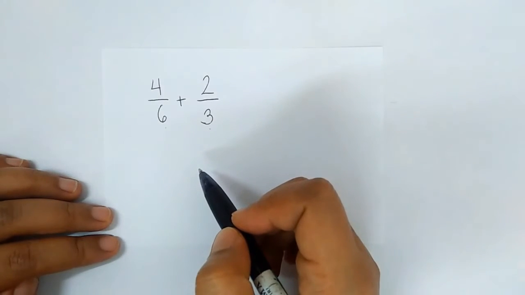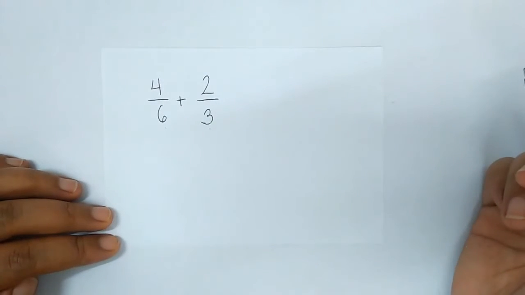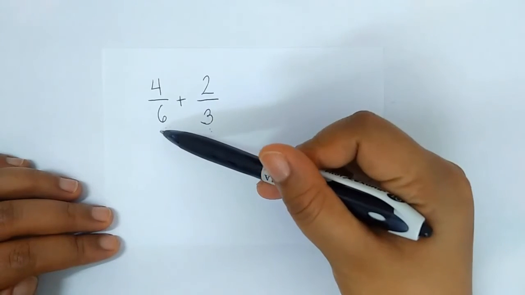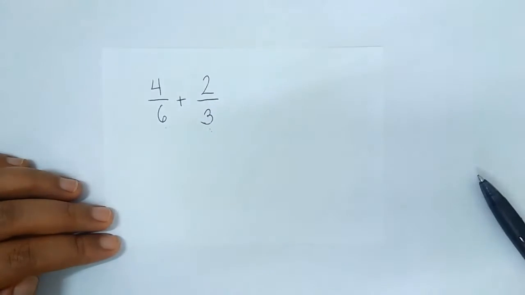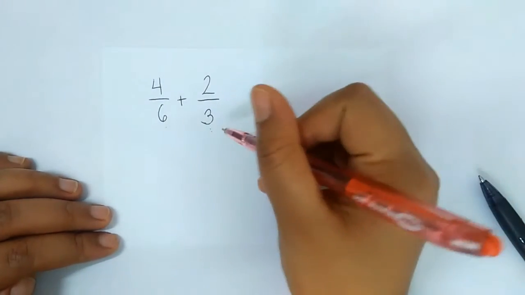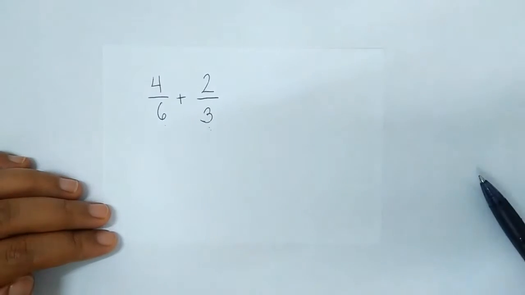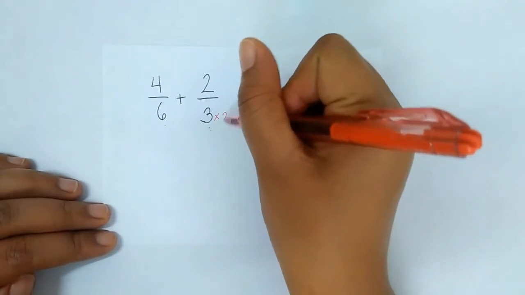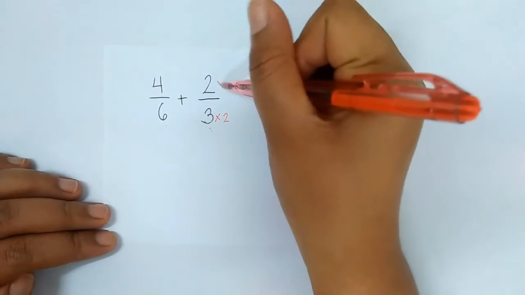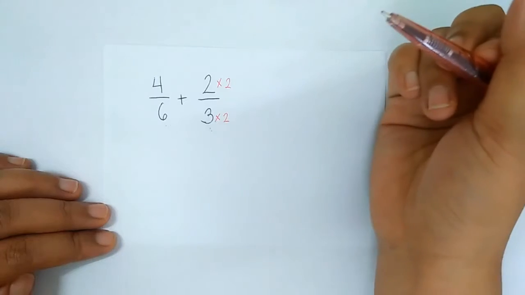So we need to make the denominators the same first. 6 and 3. Can 3 become 6? Yes, it can. What are we going to do with the 3 so that it becomes 6? Very good. We're going to multiply by 2. If we multiply 2 on the denominator, we need to multiply 2 also to the numerator.